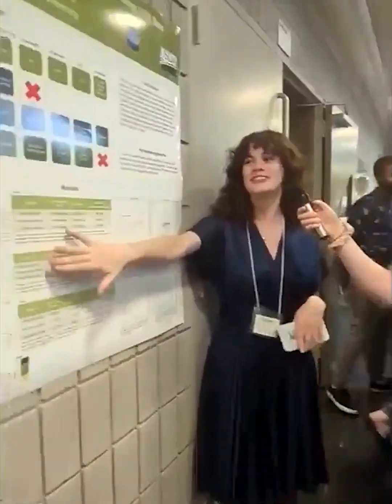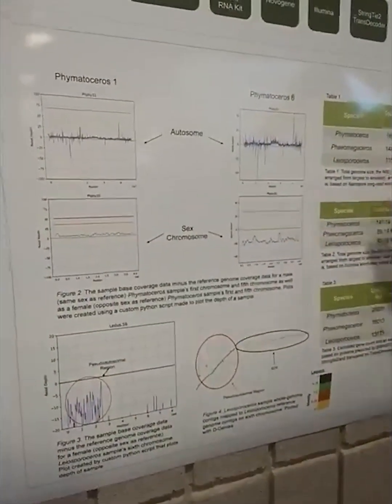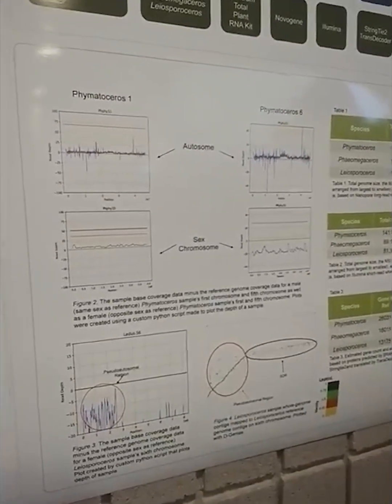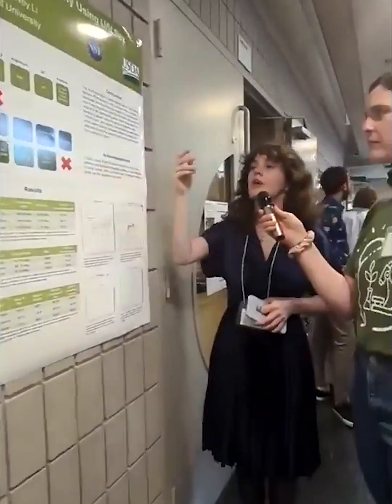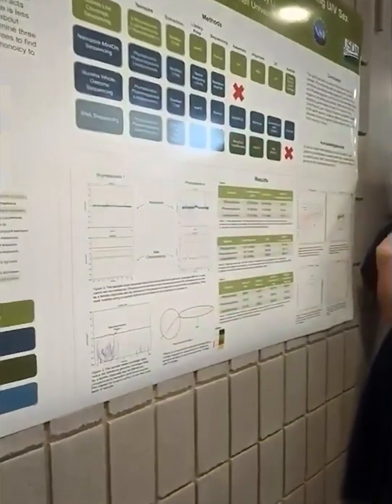My results here. This graph maps the difference between the reference genome and the sample genome for the Illumina low coverage sequencing. The closer it is to the 0 line, the more similar it is.